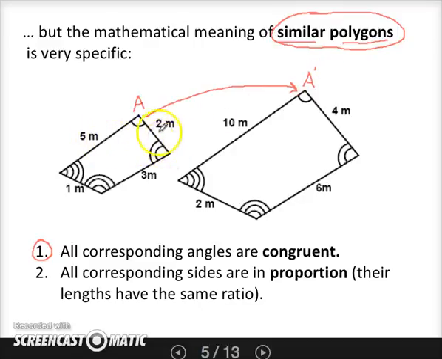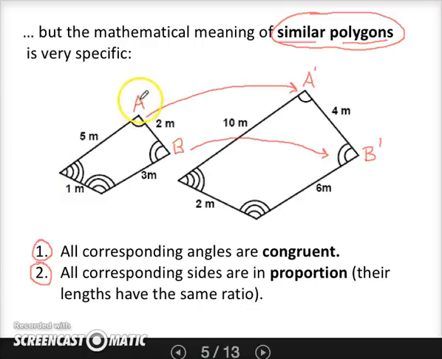The one with two congruency marks, let's call that B, that would correspond to vertex B prime, and so on. And these angles all have to line up with each other, just like when we were discussing congruency between polygons. But here we have similarity, not congruency. And the difference is that the corresponding sides are not congruent to each other. Instead, they are in proportion to each other.